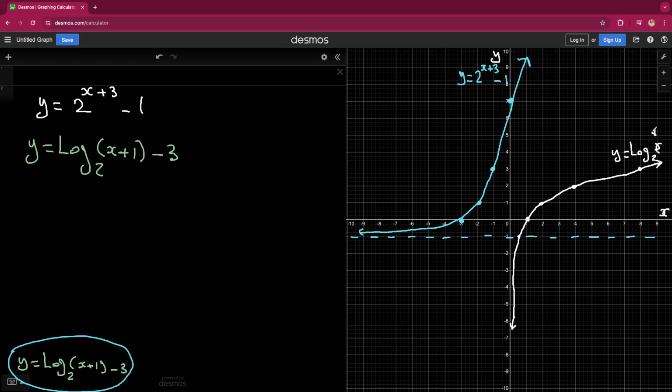And if x is 8, then 2 to the power of 3 equals 8, and that's why you have (8, 3). I chose those points because they work without having to use the calculator. Otherwise, you have to use the calculator. So these are the important points on the parent log graph, which is y equals log base 2 of x.